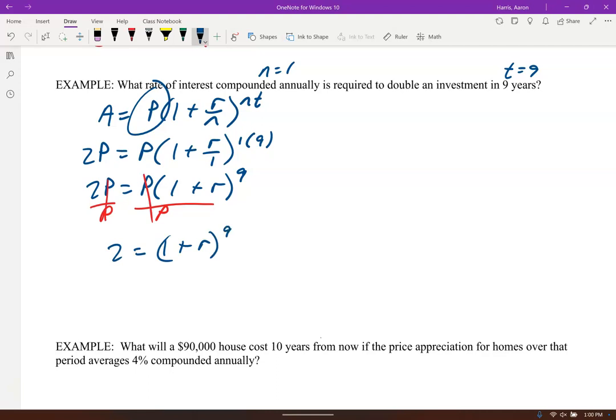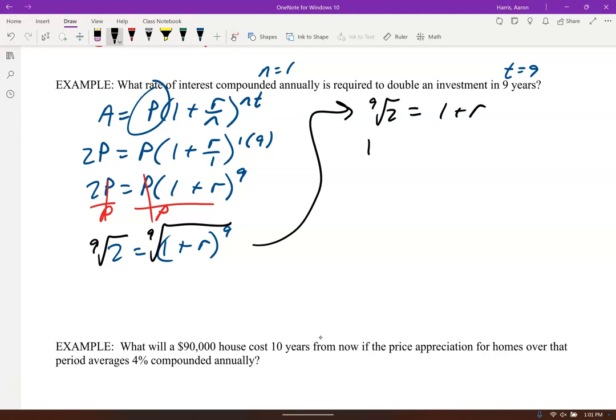Now we got to undo to the 9th power, right? So how do I undo it to the 9th power? I got to take the 9th root on both sides. So I got 9th root of 2 equals 1 plus R now. So 1 plus R equals the 9th root of 2. Subtract 1 on both sides. So it's the 9th root of 2 minus 1.